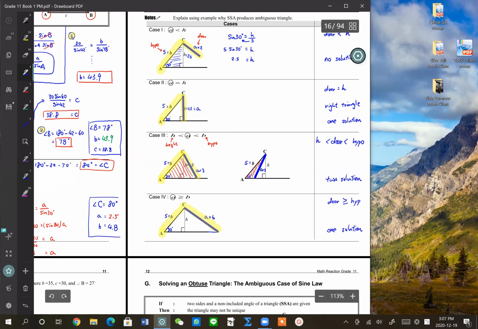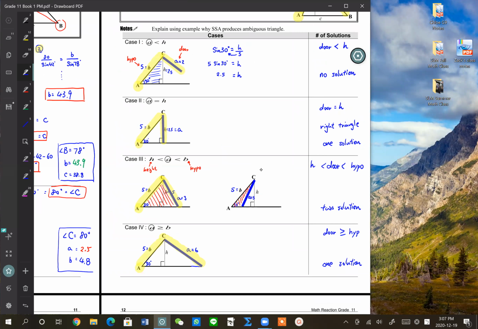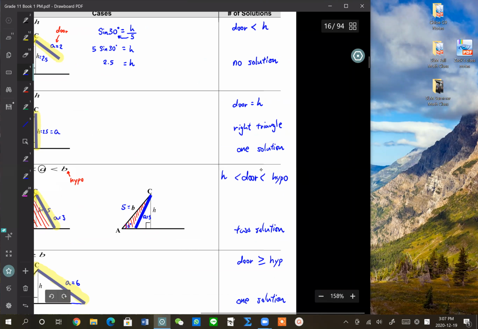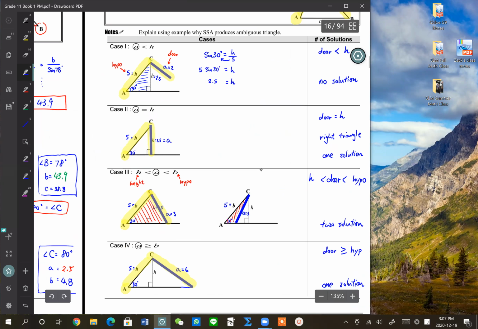Okay, so this one, it will be very difficult if you just look at these rules and then try to remember it, right? So it's better you understand the picture. Think about how I use the door to swing it. It has to make sense, right? Otherwise, you will mix up the rule. So no solution means it's too short to touch the ground. Right triangle means just the same as height.